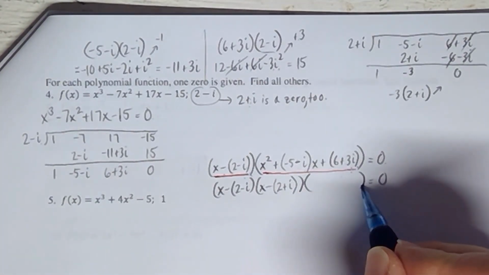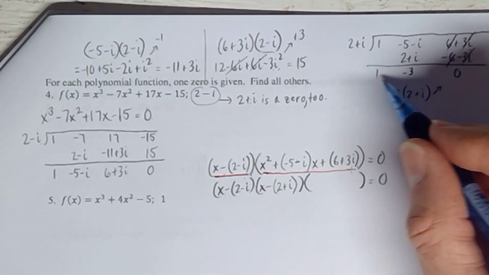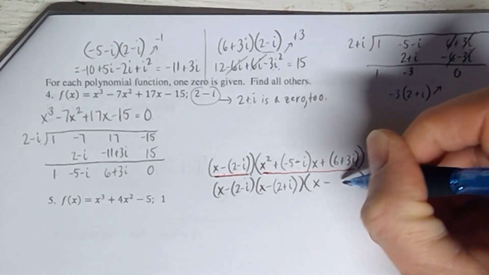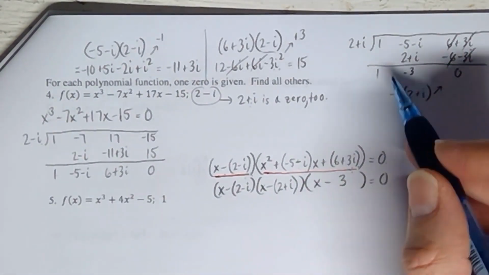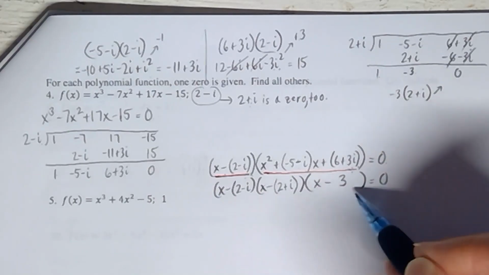And then this right here is going to be x minus 3. I made that bracket way too big, but that's okay. It's better to be too big than too small. x minus 3. Okay, x to the first because this one was x to the second. So x to the first and then minus 3 right there.